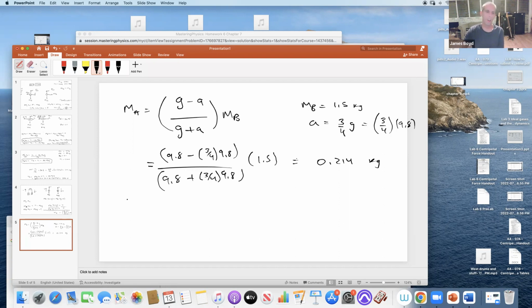So normally you would know that for an Atwood machine, A is (MB minus MA) over (MB plus MA) times G. That's for if B is falling.